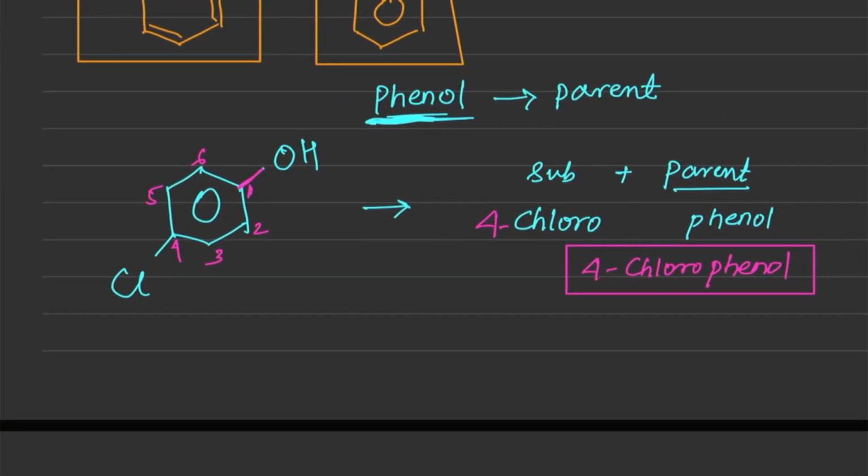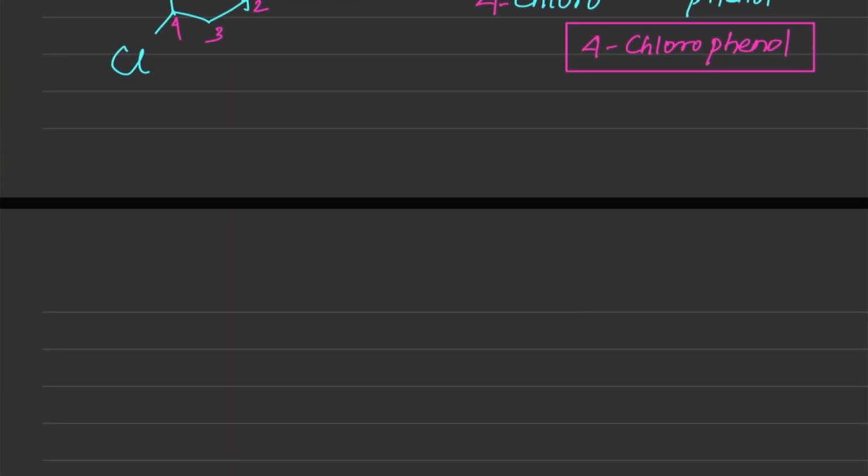Okay, let's do one last example, and then I think we can move over from the nomenclature to something better. So this is a nitro group that is connected right there. Let's make it a little bit more challenging here.